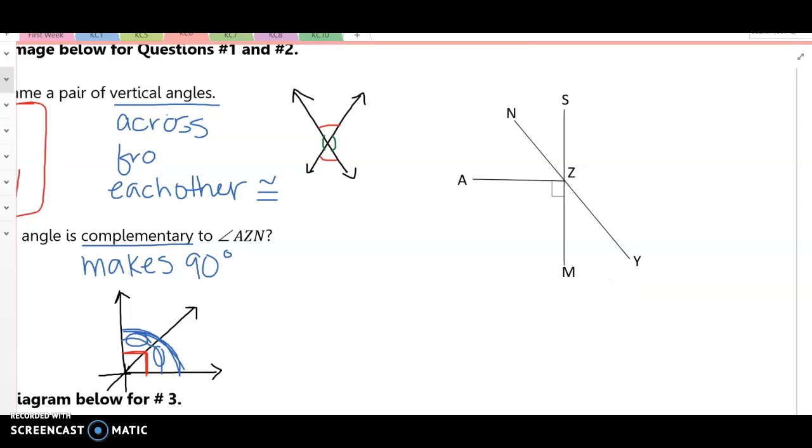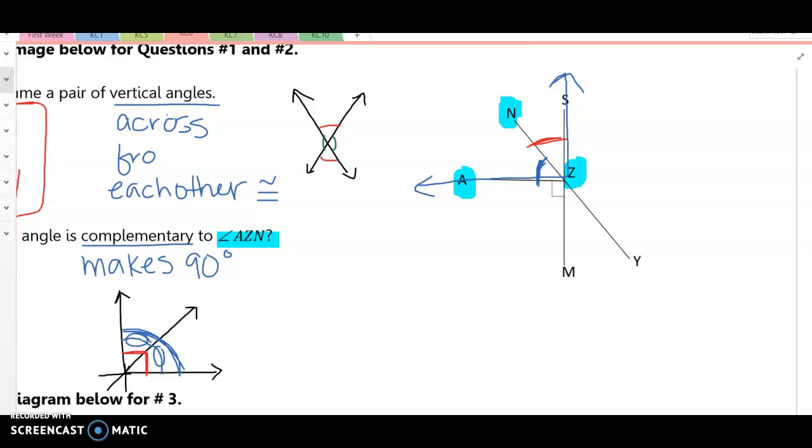So we want, with angle AZN, first name A, middle name Z, last name N. So we're looking at this angle right here. We can see that if we go like this, we have that 90-degree angle. So we want to give the name of this angle right here, so when you put them together, in total you get 90 degrees, right?